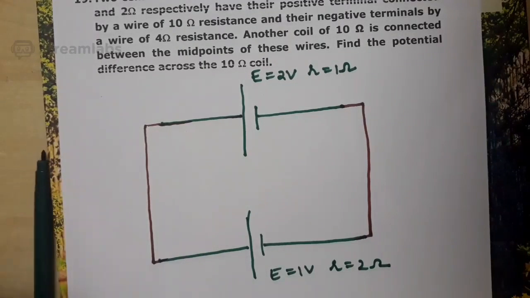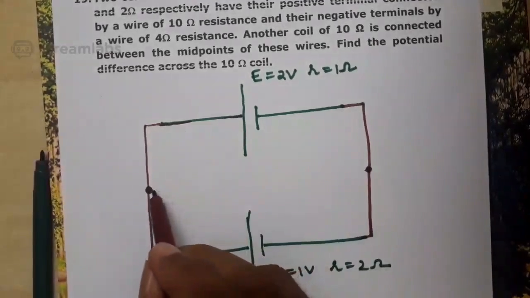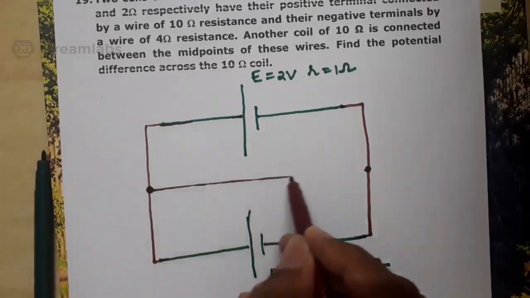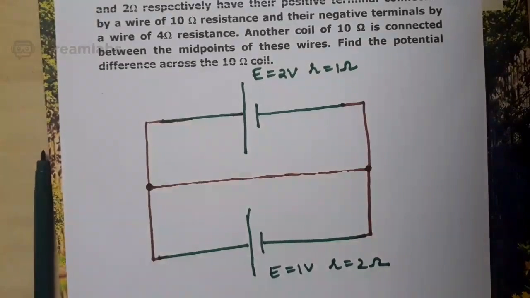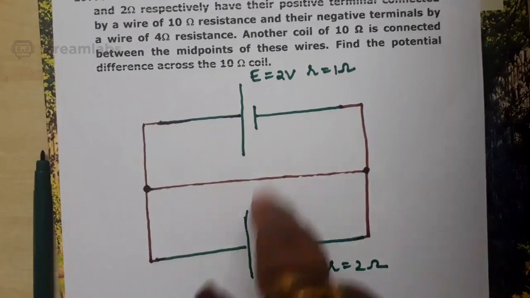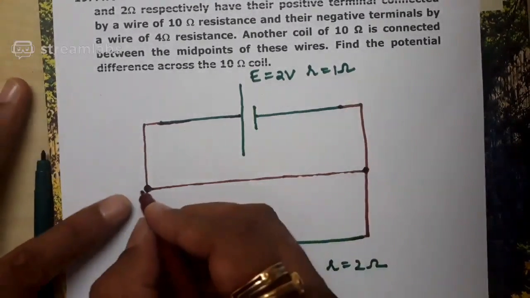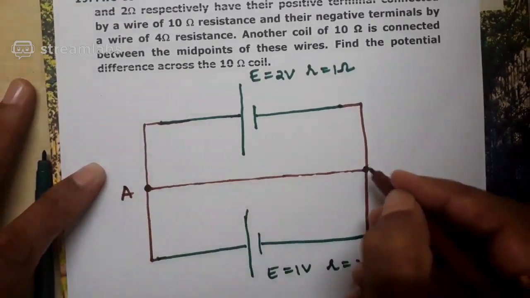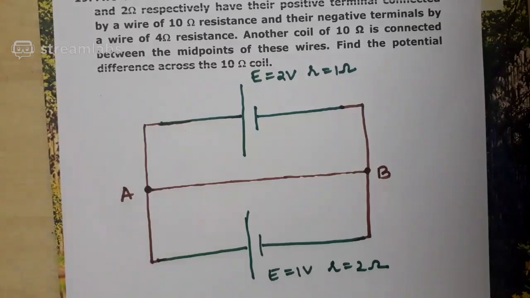And the midpoint of this wire and the midpoint of this wire are connected by one more wire of resistance 10 ohm. Positive terminals are connected by a wire of resistance 10 ohm. Negative terminals of the 2 cells are connected by a wire of resistance 4 ohm. And their midpoints, I will name the midpoint here as A, midpoint here as B, are connected by one more wire of resistance 10 ohm.